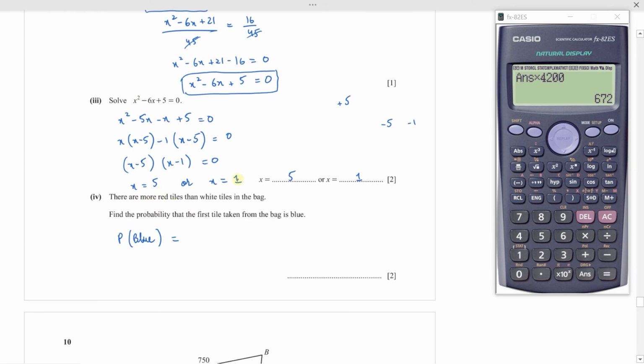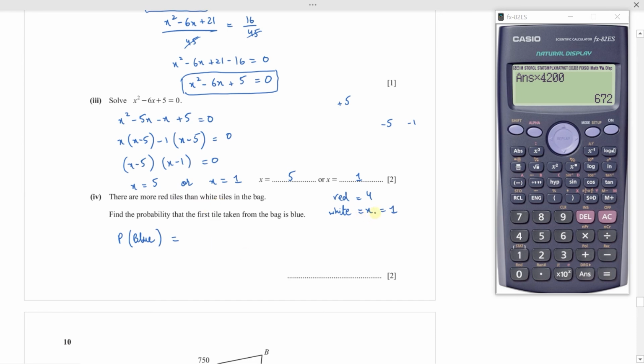That's given in the last part here. There are more red tiles. So red tiles are 4 and white tiles are x. If red are more, then x should be less than 4. So the value of x that we will take is 1. We cannot take 5 because if x is 5, then there are more white tiles than red tiles. But the question tells you that there are more red than white tiles.